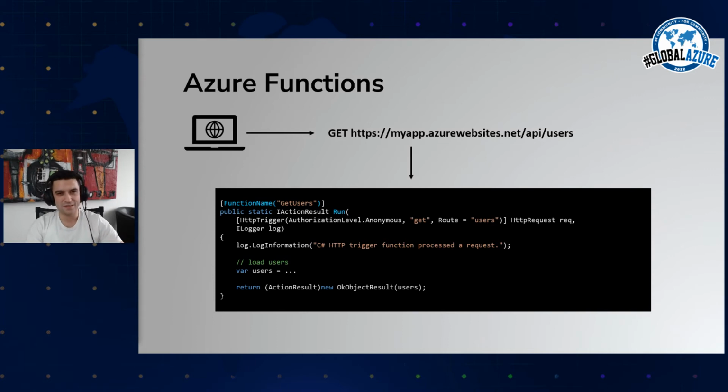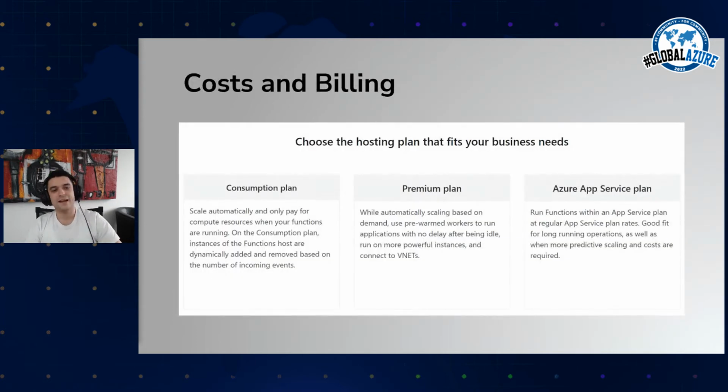Let's move on to the costs and the billing part. There are actually 3 hosting plans I can use with Azure Functions. There's first the consumption and the premium plan. Both support automatic scaling, but one of the major differences is that the premium plan always provides pre-warmed function instances. So with the consumption plan, it could happen that if your function is not used for some time, it goes into something like a sleep mode.